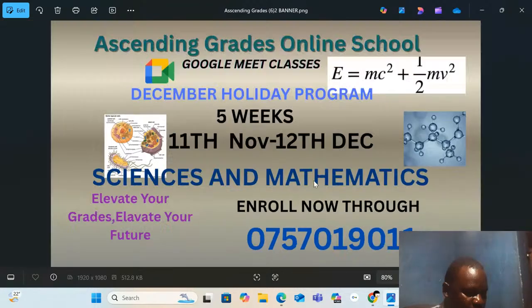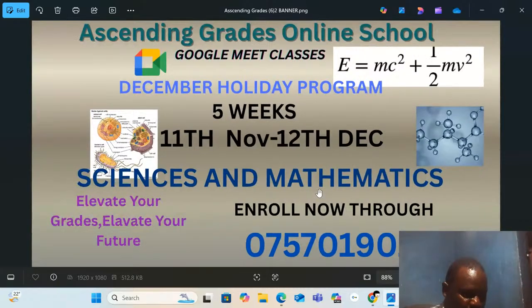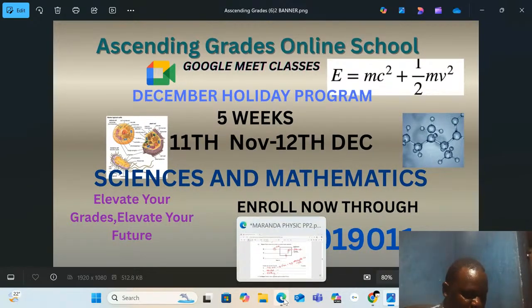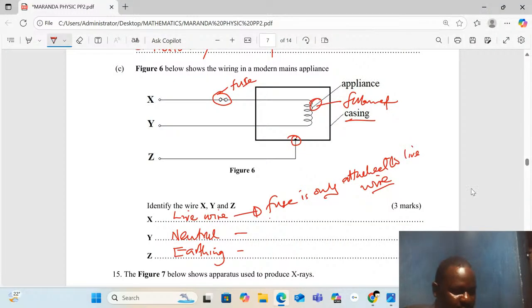Thank you so much and welcome, so that we may continue with the physics paper 2. I left off where I said we have the neutral and we have the earthing. So this was the diagram.